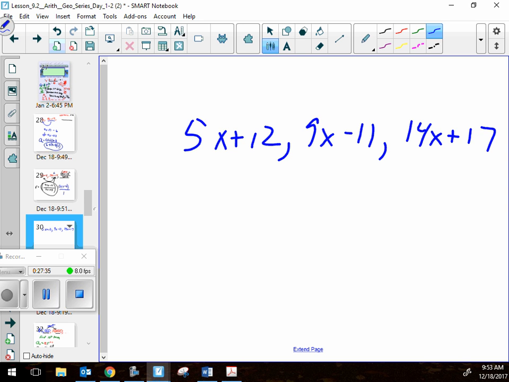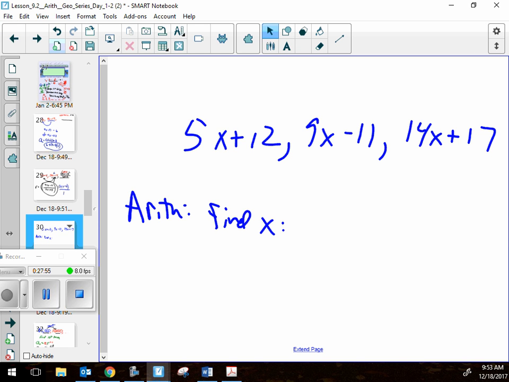now, why does it matter that I got 3 terms? Because if this is truly arithmetic, now you could tell me what x is. Arithmetic, find x. And I don't mean like it's 6x plus 7.